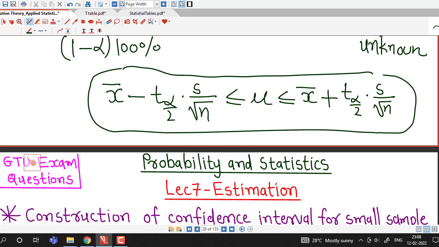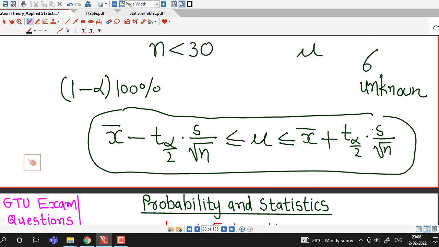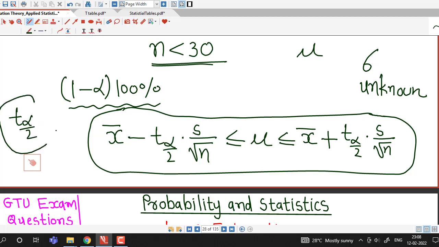In lecture number 5 we have discussed how we can derive this formula for confidence interval with (1 minus alpha) times 100%, and here we are assuming that the sample is drawn from a population whose distribution is normal and sample size is small, and we are going to use t distribution table to find out this critical value of t corresponding to given confidence level.